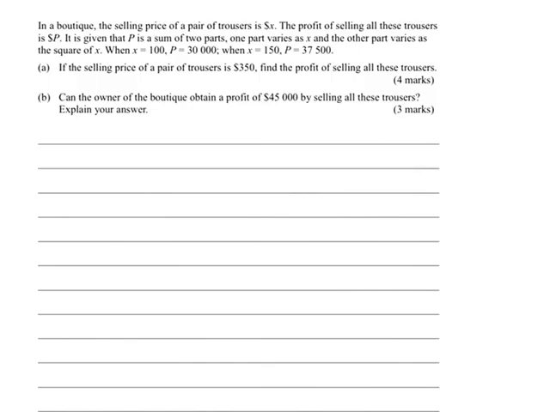Next question is about variation. From the question, the selling price of a pair of trousers is x dollars, and the profit is P. P is the sum of two parts. When we see a sum of two parts, that means it is partial variation. For partial variation, we have two constants.